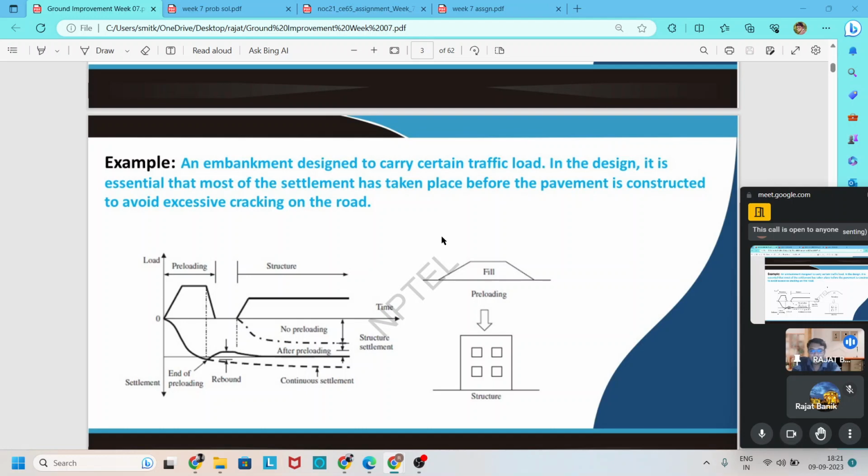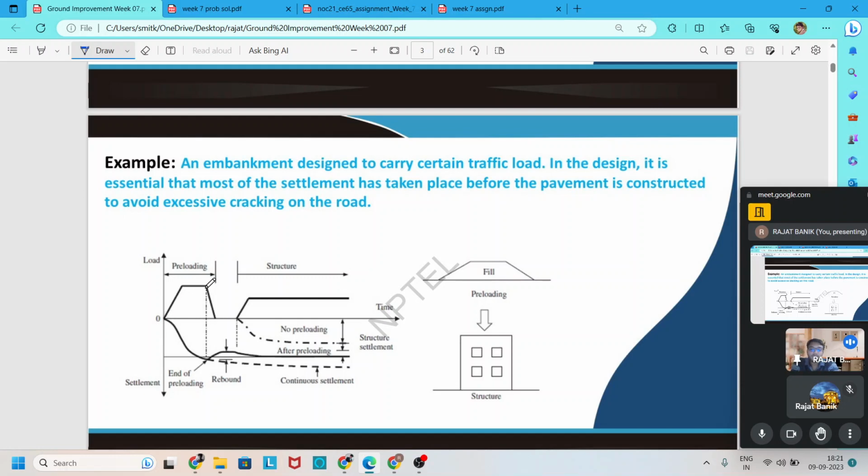Here one diagram is shown that when we construct some structure on this type of soil, which is very soft and saturated, and we try to improve this soil, we apply the preloading.